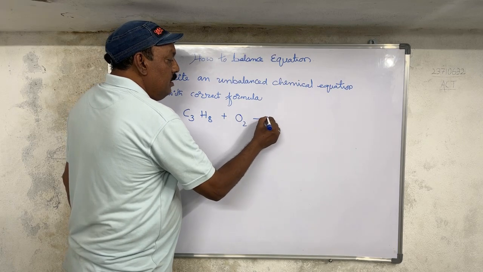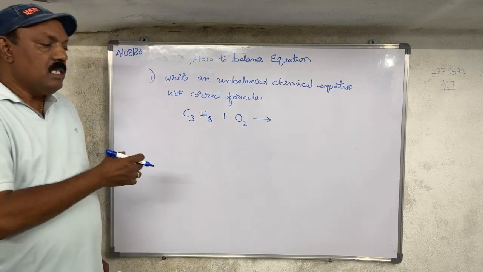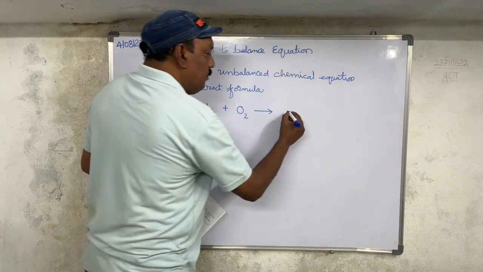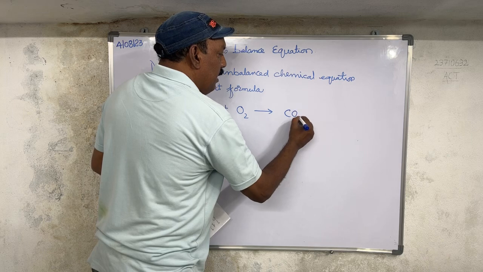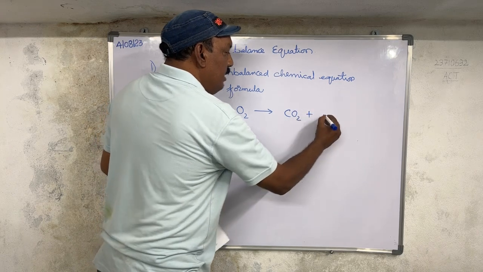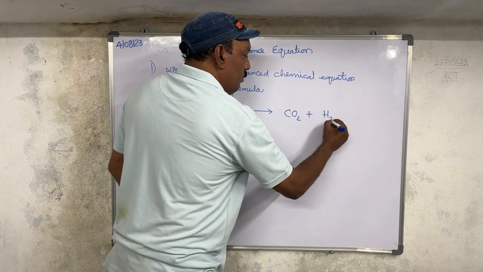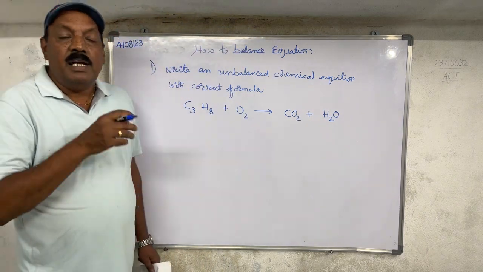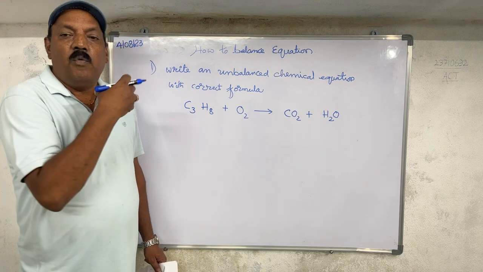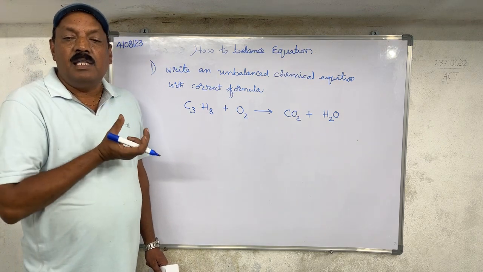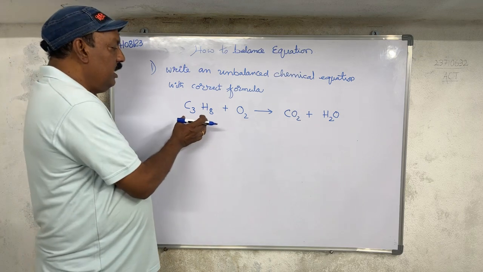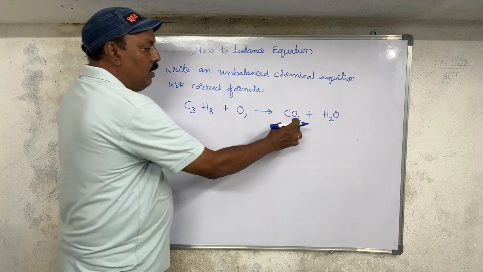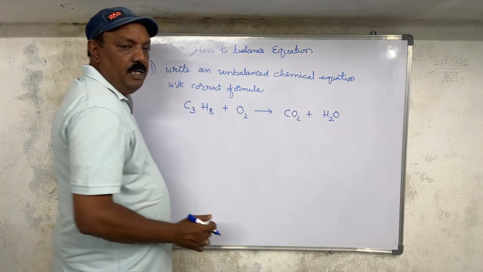When I am burning this propane gas with a certain quantity of oxygen, I am going to get carbon dioxide plus water. This is the equation. Write a chemical equation when propane gas is burnt in the air. So here propane is C3H8, and oxygen, and carbon dioxide gas and water are coming here.